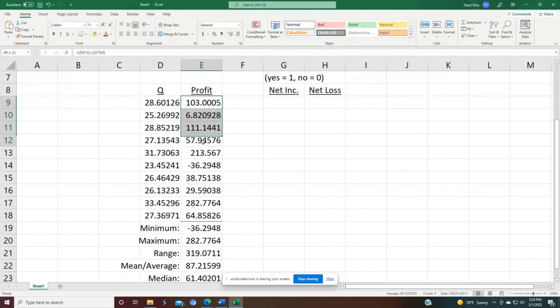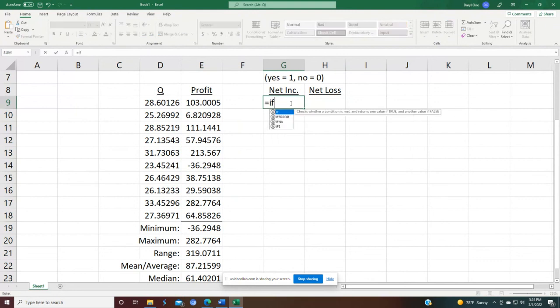So we want to search these and figure out if it's a net income or net loss. So here comes the if statements in Excel. So equals if this cell is greater than 0, then you put 1, else you put 0.